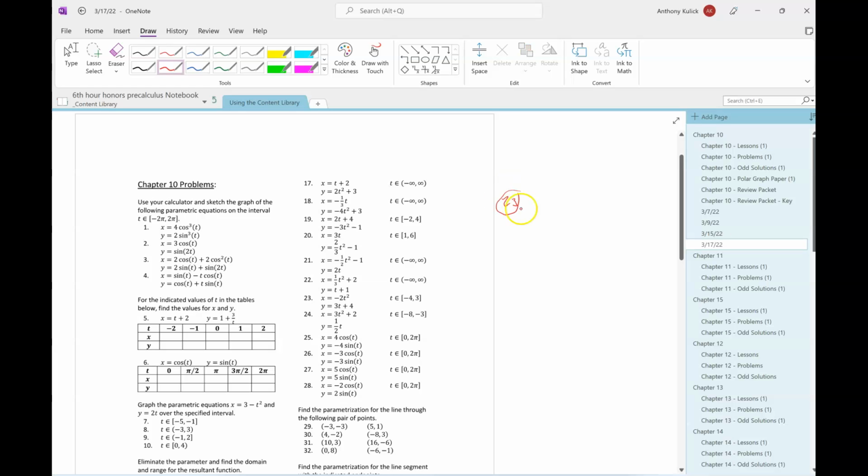All right, so 23, first step we want to do is eliminate the parameter. It doesn't really matter which one you want to start with, whether it's x or y. So let's start with the x equation. I want to get the t by itself, so we'll divide by -2 and then square root both sides.